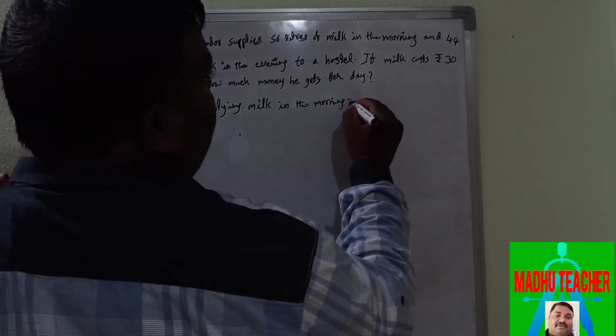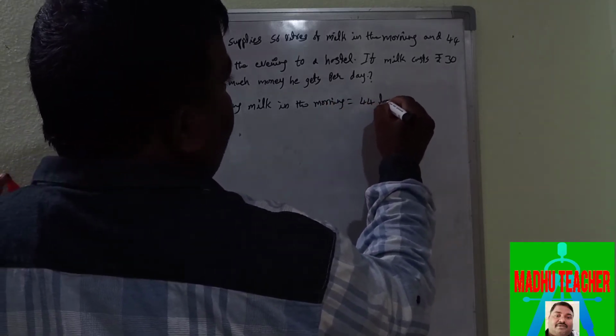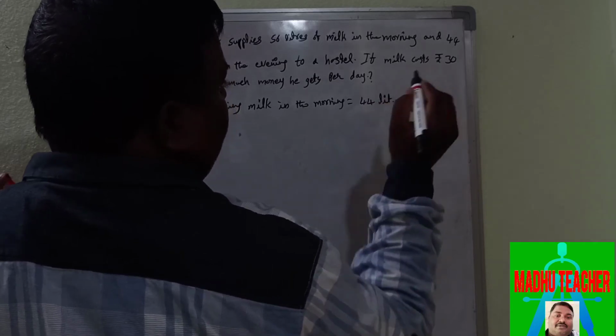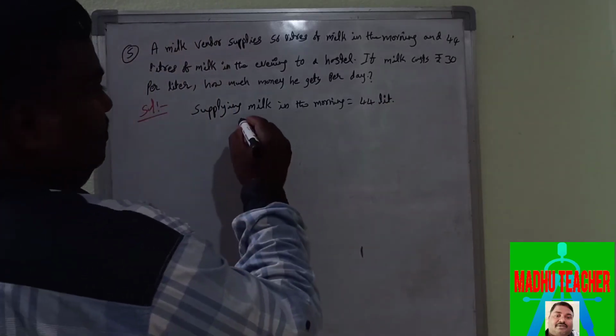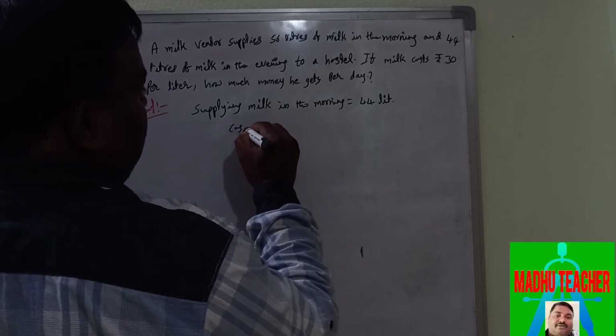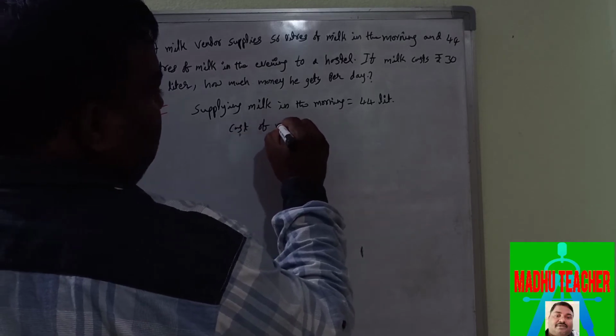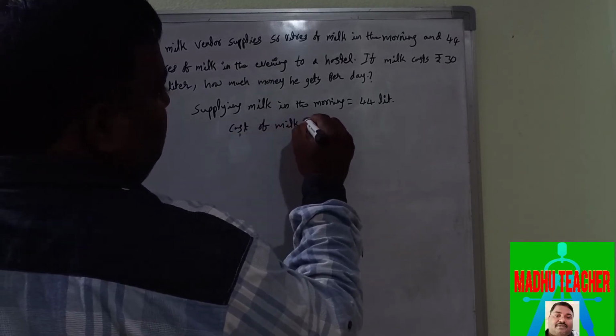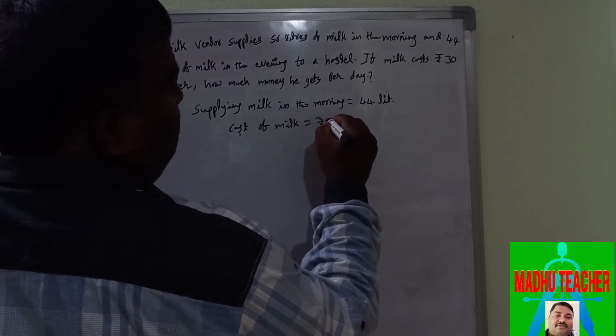How much? 44 liters. So cost of milk equal to rupees 30.